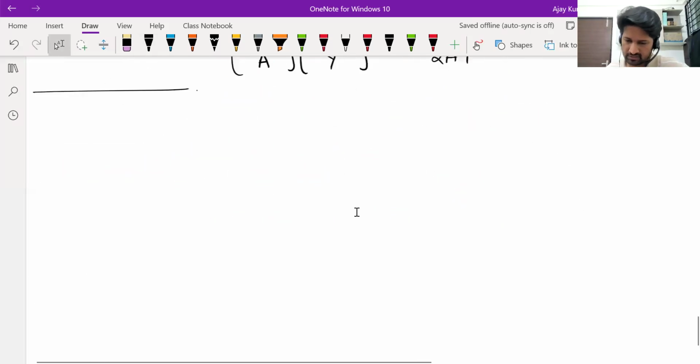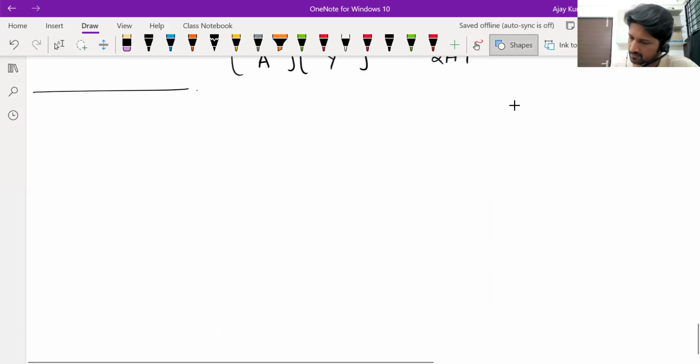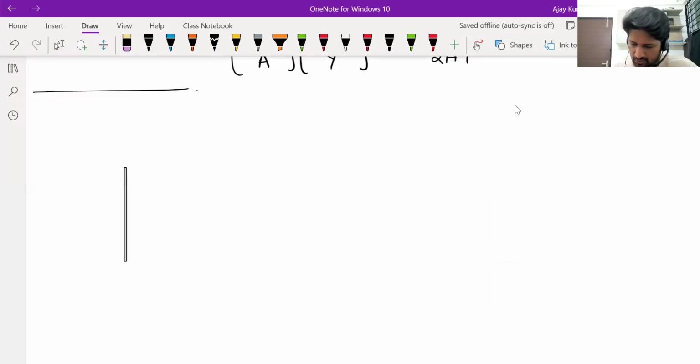Now consider a situation like this. Suppose there's a wire fixed to a rigid support. Okay, let's ignore gravity for now.